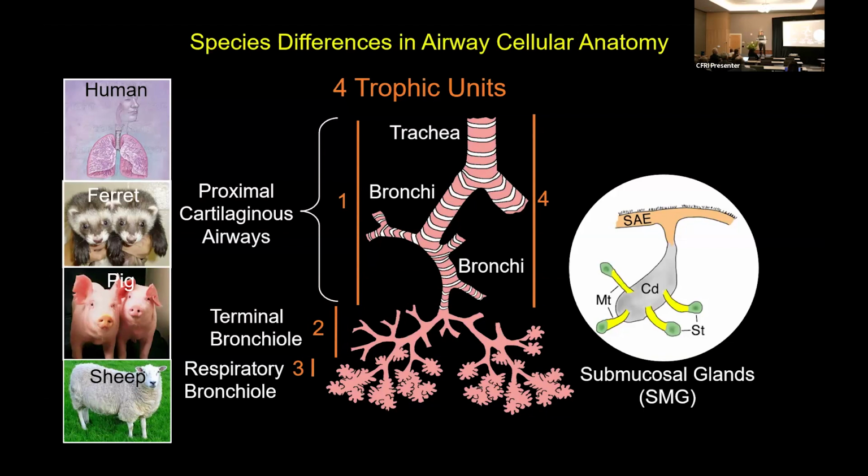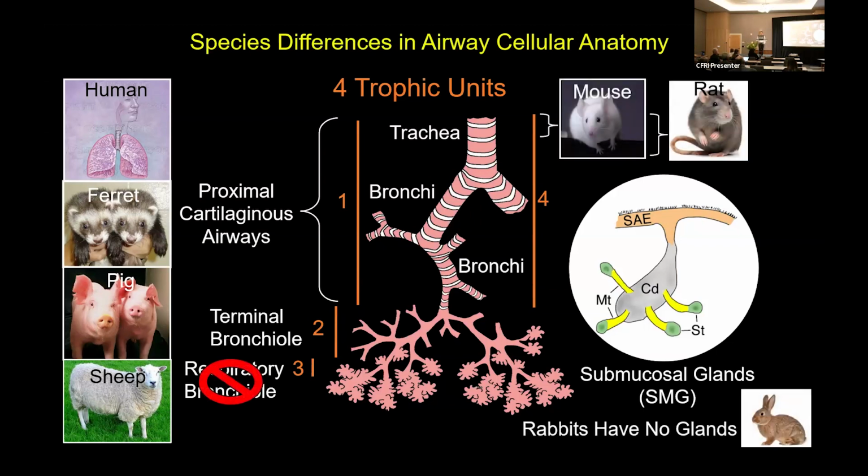For example, the human airway contains four trophic units, including the proximal cartilaginous airways, the terminal bronchioles, the respiratory bronchioles, and some mucosal glands. The ferret and pig have very similar trophic units compared to human. Other species, such as mouse and rabbit, are very divergent. For example, mouse only has some mucosal glands very restricted to the proximal end, and rabbit does not have mucosal glands at all.